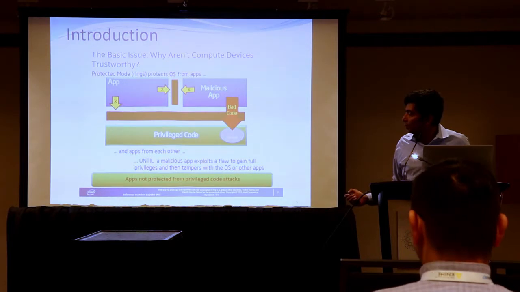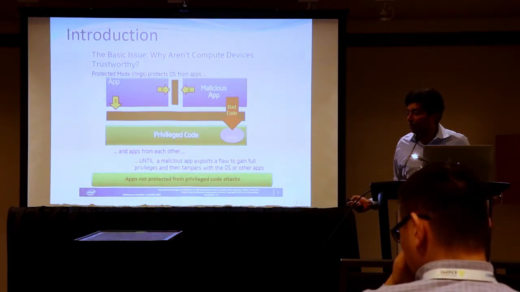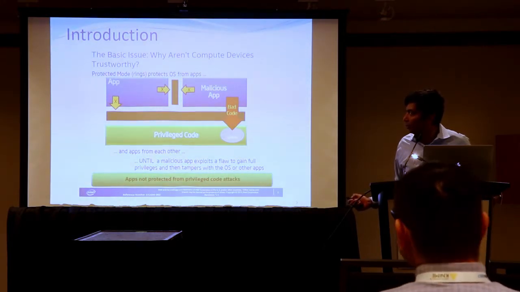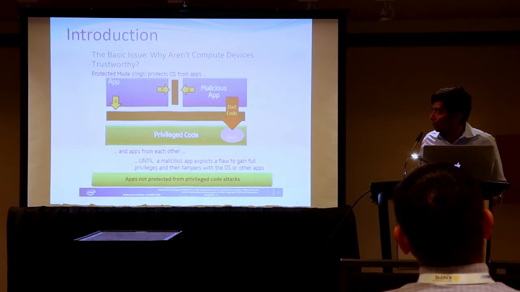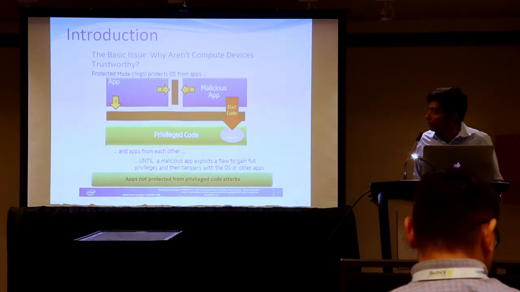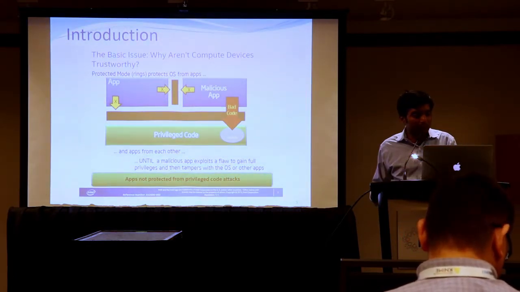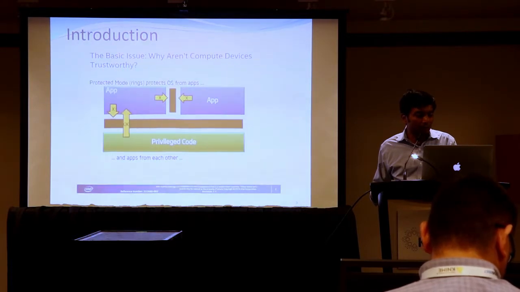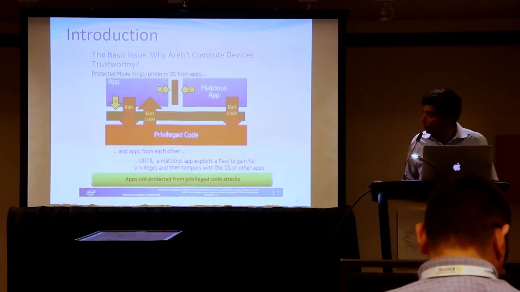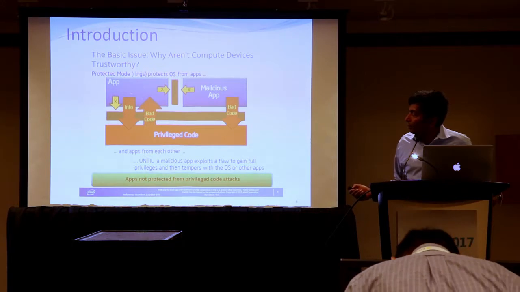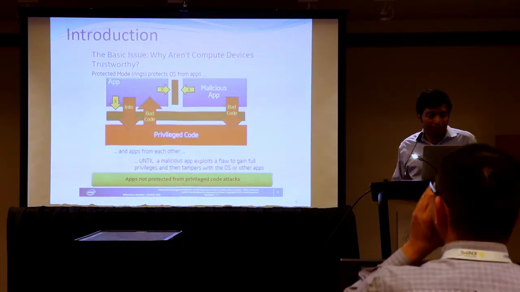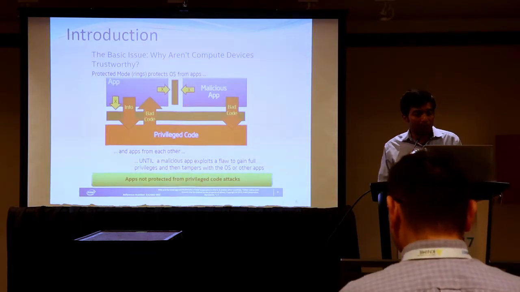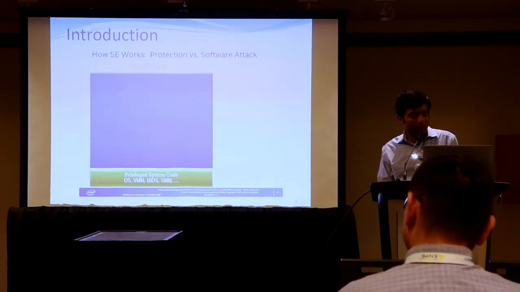In that case, these malicious apps will exploit that vulnerability and start to penetrate the system, and then it will continue the attack to the OS, and then other apps will be infected. So what I'm saying here is that apps are not protected from privileged code attacks.